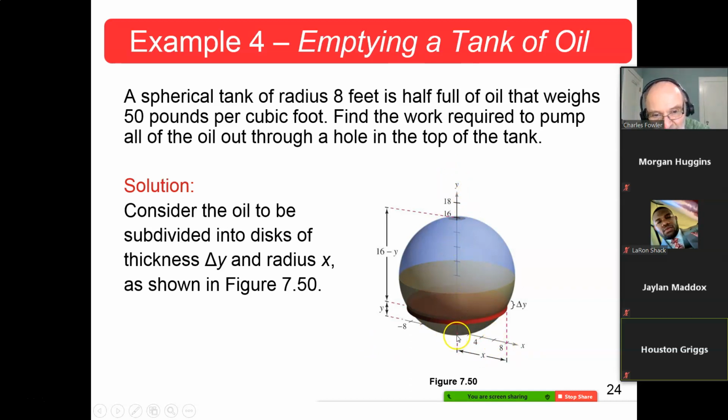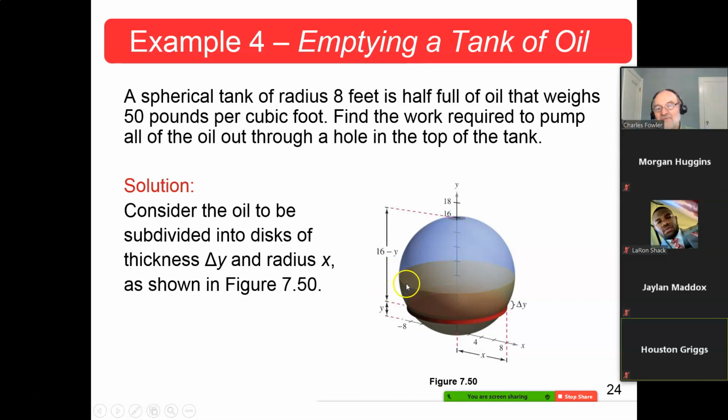So you're going from 0 as the bottom of the tank to 8 as the middle point of the tank, up to 16 as the top of the tank. That's the way they've set it up. Now your y value is this thickness of oil below your disc, because y is 0 down here and goes up to 8 right here.